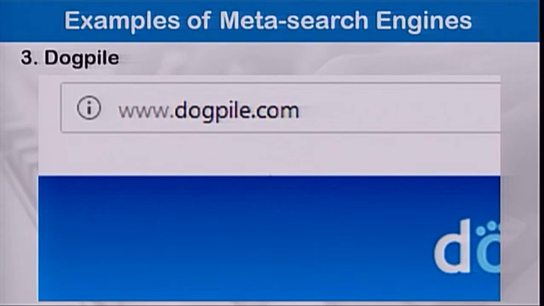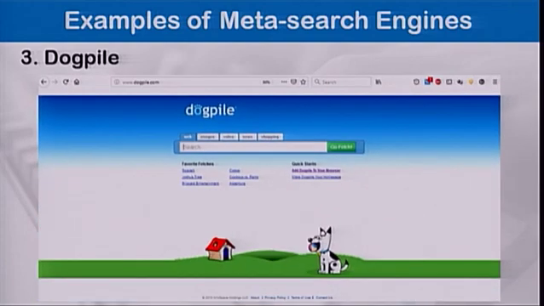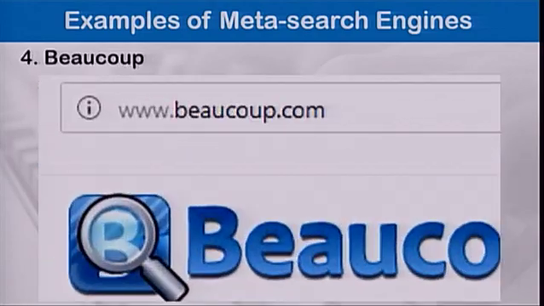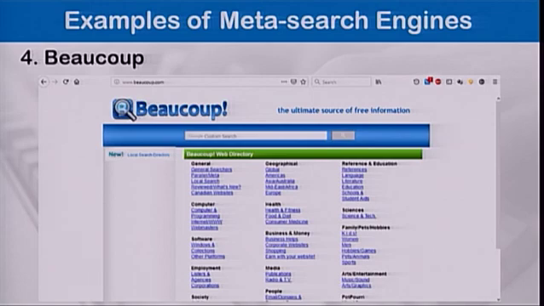Dogpile, that can be accessed at dogpile.com, and Boku, accessed at boku.com. Of course, we have several other meta search engines. You can find out by yourself by searching the internet.